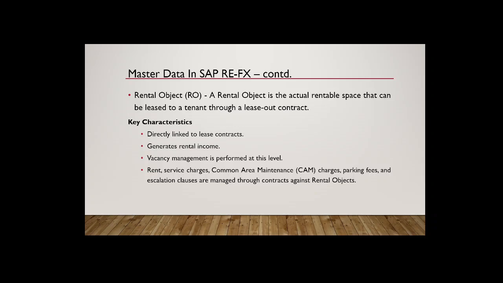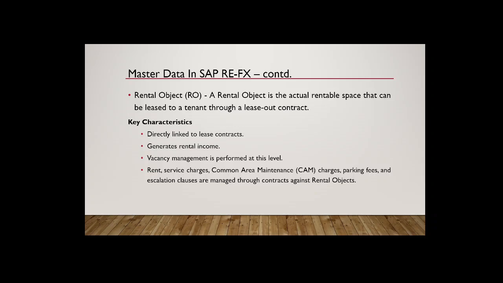The third master data, which is the most important one, is the rental object. A rental object is the actual rentable space that can be leased to a tenant through a lease out contract. So this is the master data where you will be managing the rental income, defining the rental rates and different types of recoverable charges.